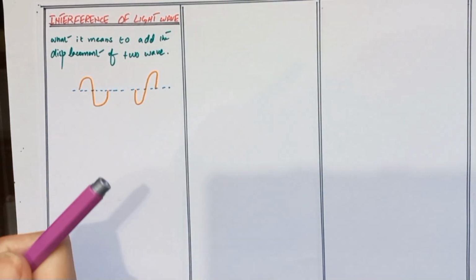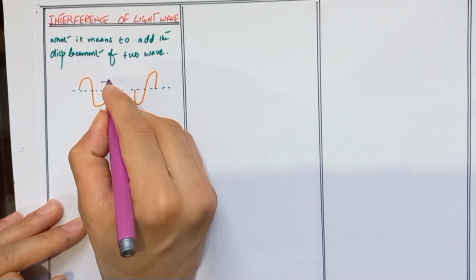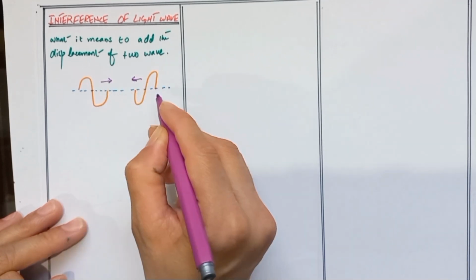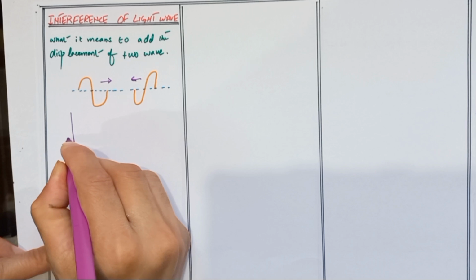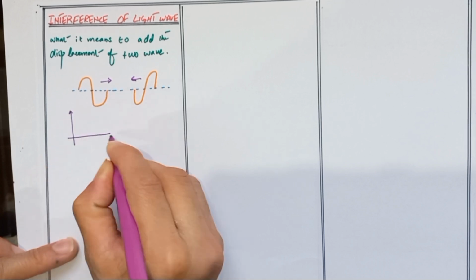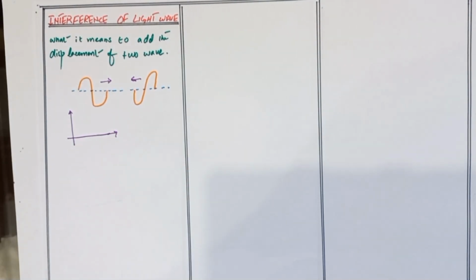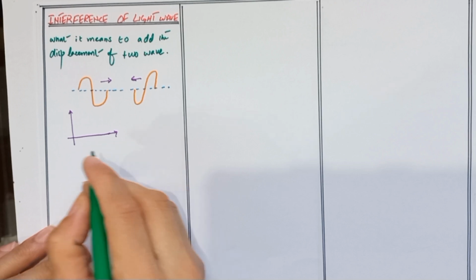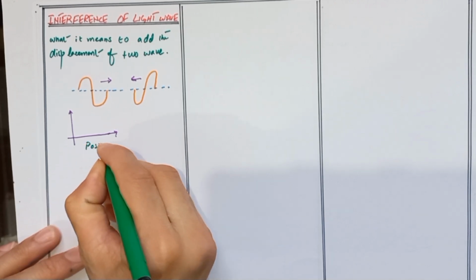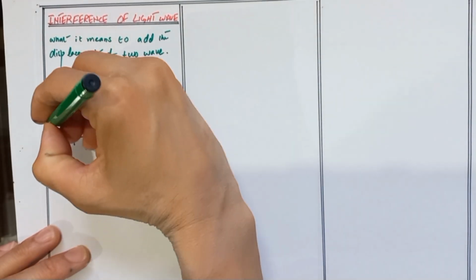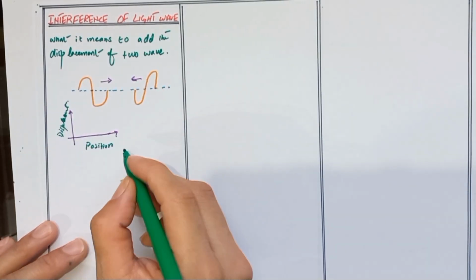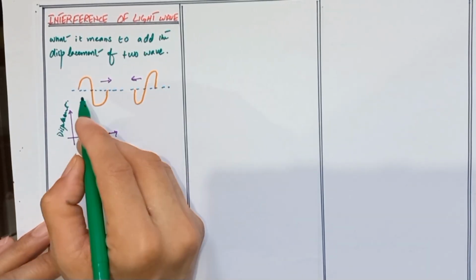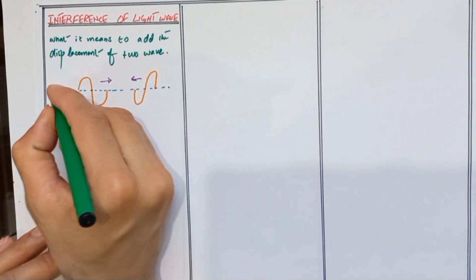These two waves are initially apart, then move toward each other and begin to overlap. We also draw a set of axes on the side. The horizontal axis is the position and the vertical axis is the displacement. Lastly, we have drawn a dashed line to represent where displacement is 0.